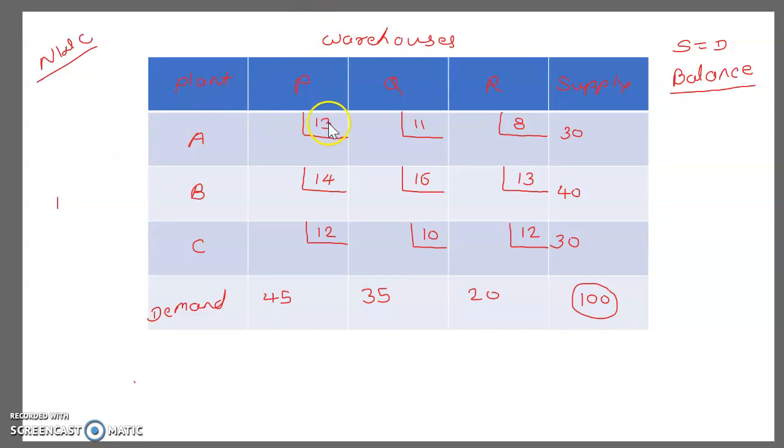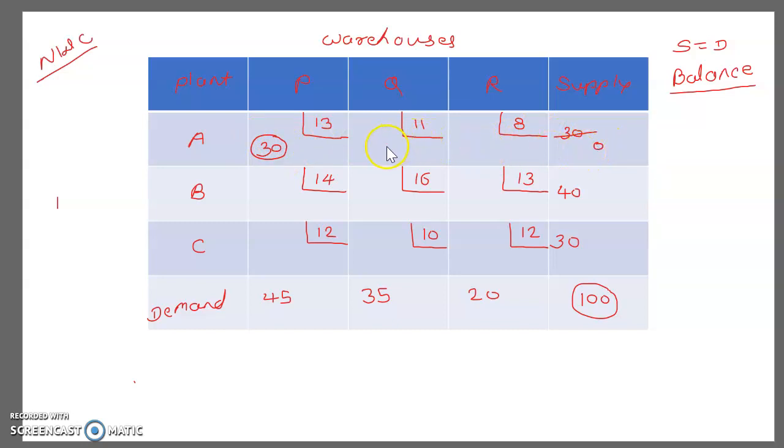This is our north side, this is the west side. So for this particular table, this is our northwest corner cell. The demand of this cell is 45 and the supply is 30. So we are going to put here the minimum amount, that is 30. We have finished this 30, the balance is 0.